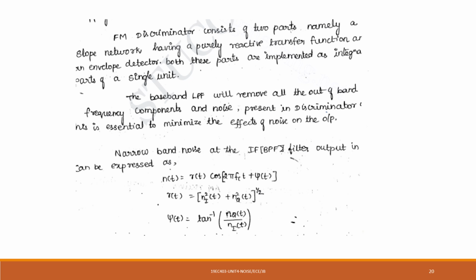So we analyze our FM discriminator circuit, which has a slope network, which is a purely reactive transfer function, as well as an envelope detector. When we observe the output, we have the inclusion of narrowband noise at the bandpass filter output, and this is the equation representing the narrowband noise.